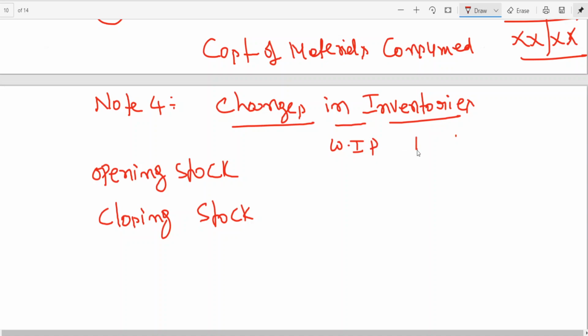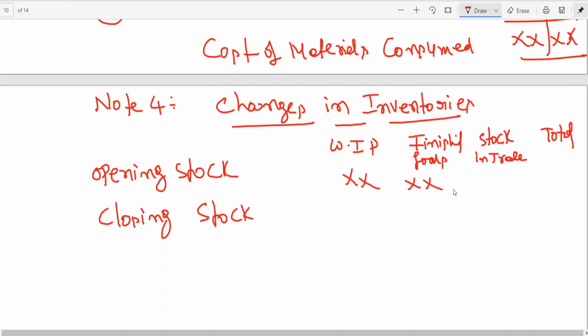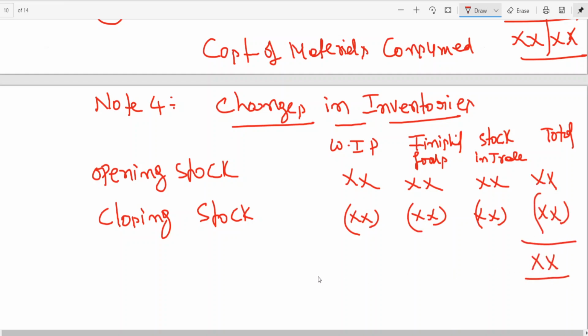Then finished goods, then total. This is the total to be taken.